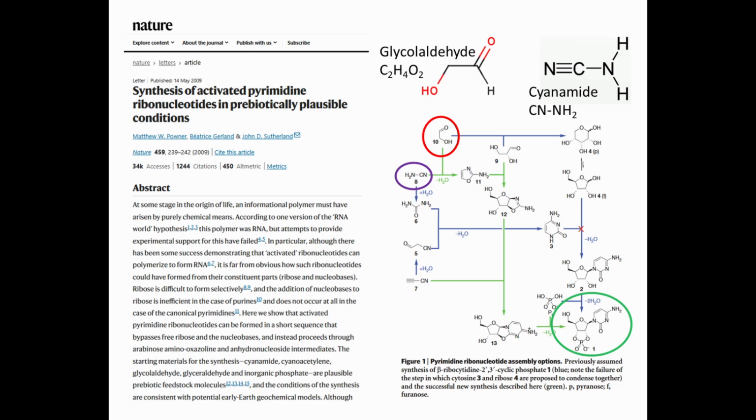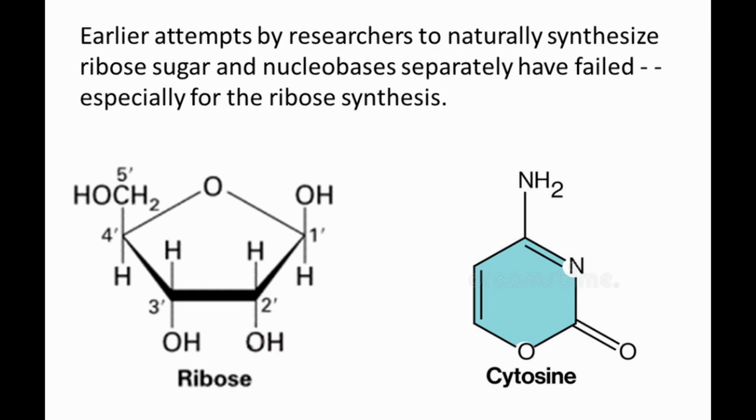In the 2009 paper, Sutherland shows a plausible pathway from which nucleotides can be generated from cyanamide and glycolaldehyde. According to Sutherland, both of these starting chemicals would likely be available on a lifeless Earth in prebiotic times. Earlier attempts by researchers to naturally synthesize ribose sugar and nucleobases separately have failed, especially for the ribose synthesis.